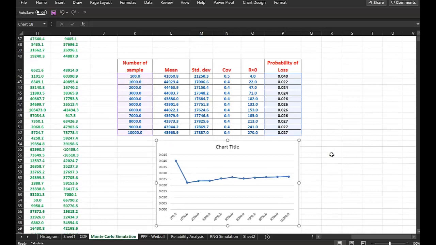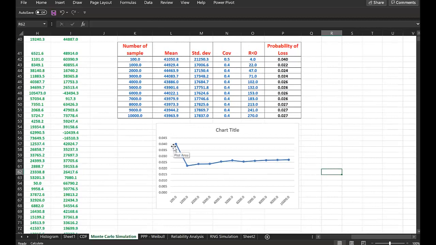Now if you see, for this particular problem, initially for a 100 sample size, the probability of loss is 0.04. But after this, if I take 1000 sample size, this is 0.22. And then it's a little bit the same: 0.22, 0.24, 0.26, 0.27.